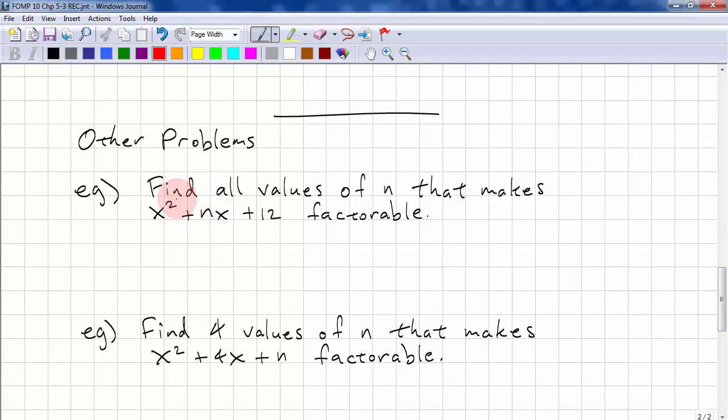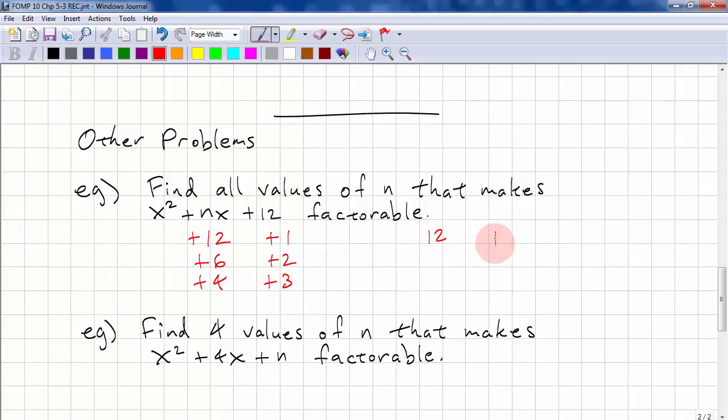We can format a problem like this. Find all the values of n that makes x squared plus nx plus 12 factorable. Well, we need to list the factors. We have 12 and 1, 6 and 2, 4 and 3. Now, n can be anything. N can be positive, n can be negative. But this is positive, so that means we need positive, positive, positive, positive, positive, positive.